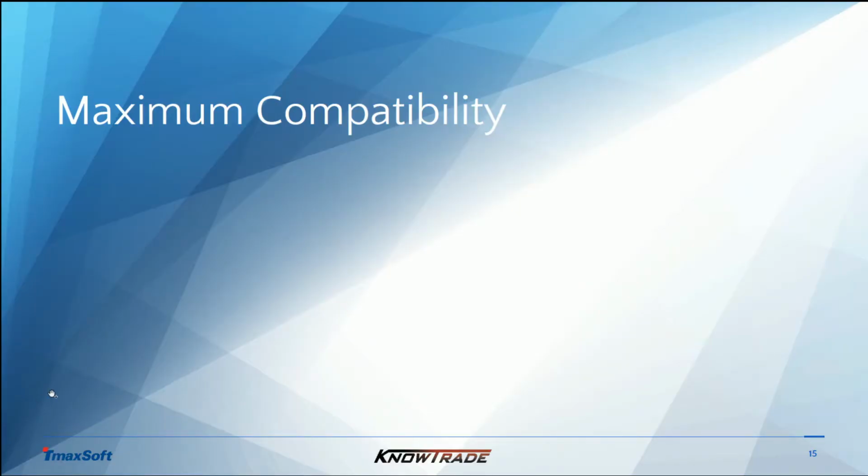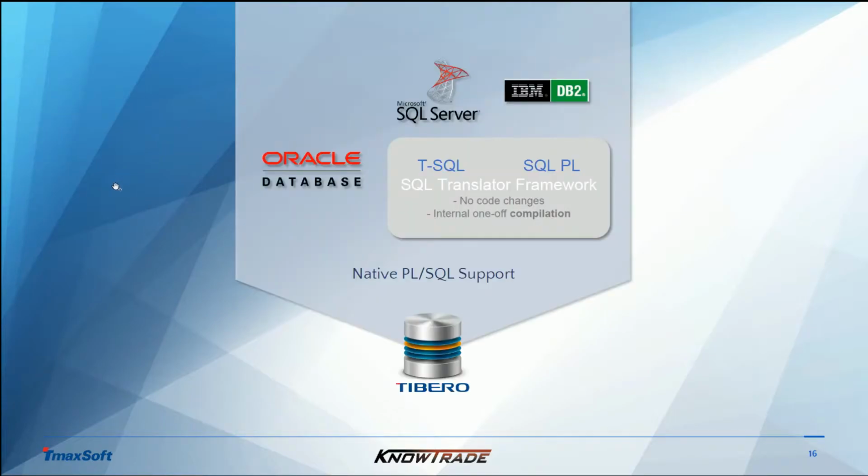That's what Tibero is. Tibero was built for maximum compatibility with the main actors that were dominating from 2003 until now, and as we can see, Tibero was built for having the best compatibility with Oracle, SQL Server and DB2 in the market.